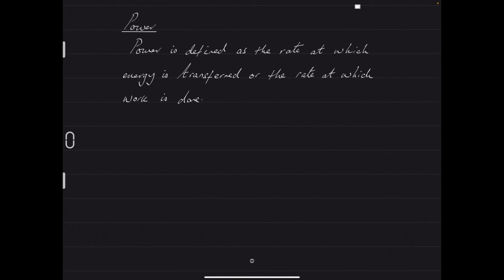When we want to think about the power of an appliance or device, we are looking at the rate at which energy is transferred, or we can look at it in another way, as the rate at which work is done. I'm going to give you a couple of equations now with their corresponding units, and I want you to take this down clearly and box off each equation for power.